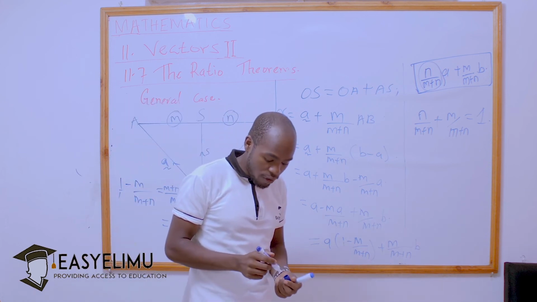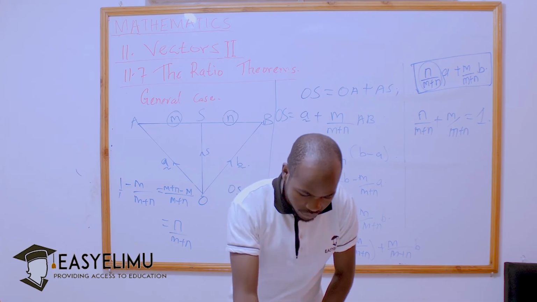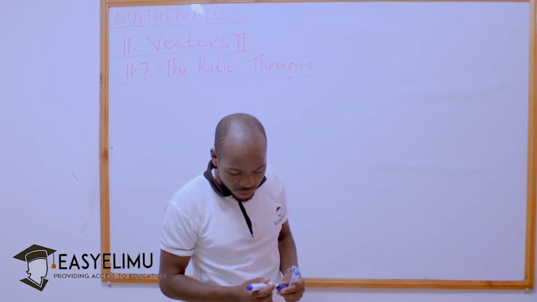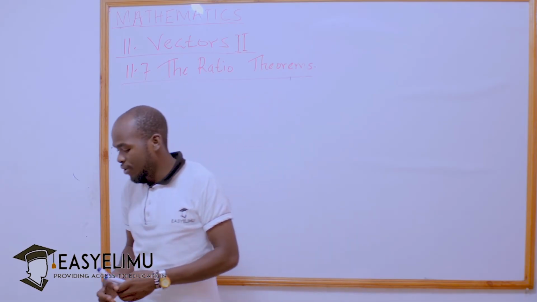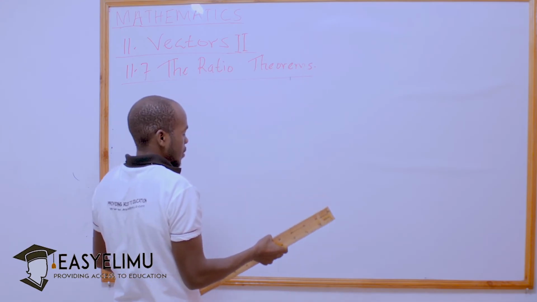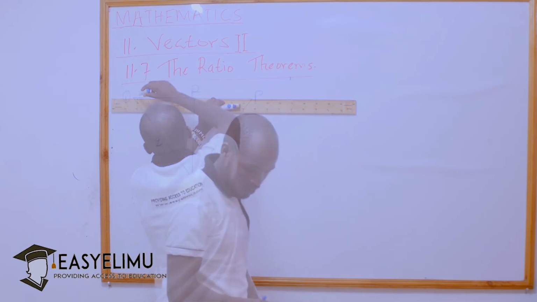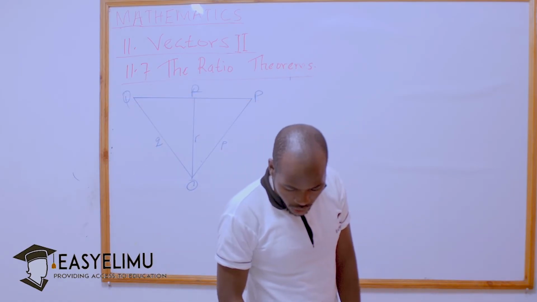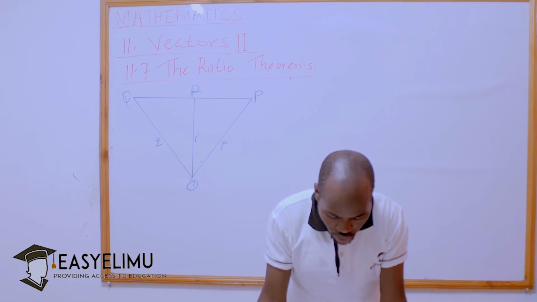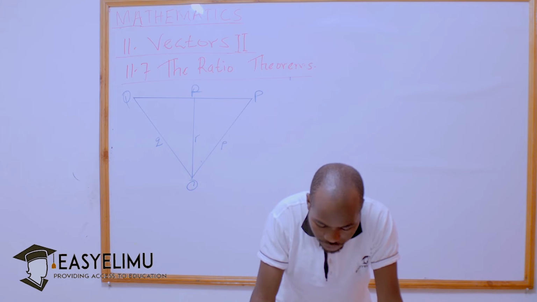So we are going to see one of the examples here and work it out. An example: a point P divides a line QR. We have a triangle actually. Let me draw first. A point P divides a line QR externally in the ratio 7:3.